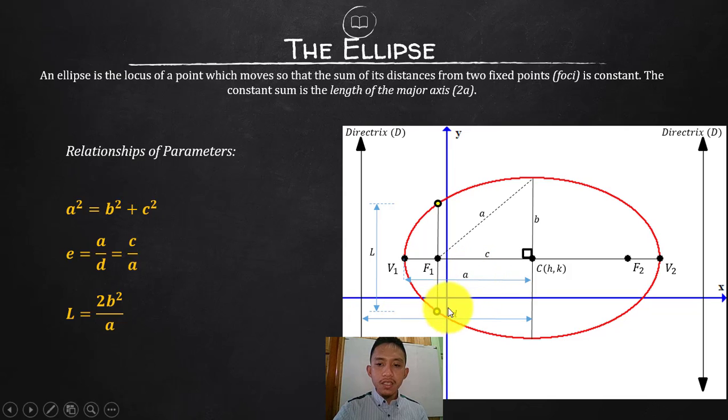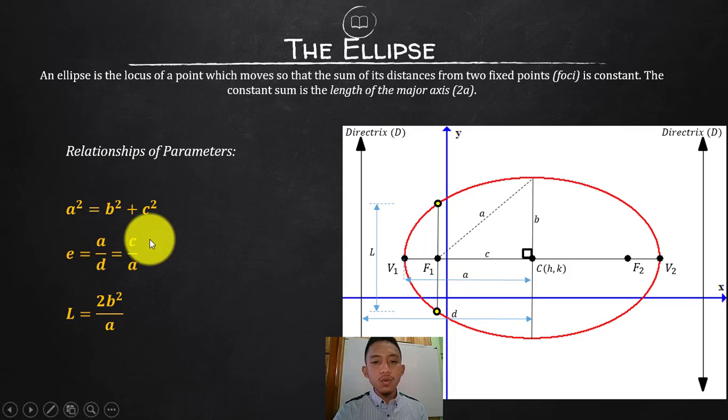As you can see, A is smaller than D. So if you get that ratio, it is smaller than 1, which is true in an ellipse, isn't it? And then we will also derive this one, and you will end up with C over A. Your C is focus to center, A is vertex to center. That is equivalent to this ratio here. So, isn't it that C is smaller than A? Again, that will be less than 1, which is your eccentricity.